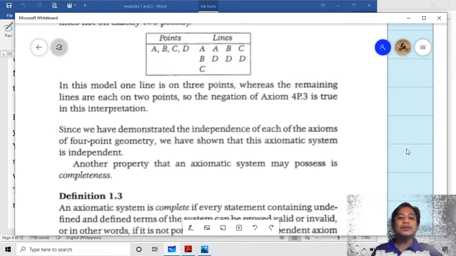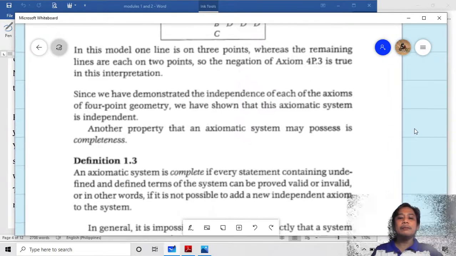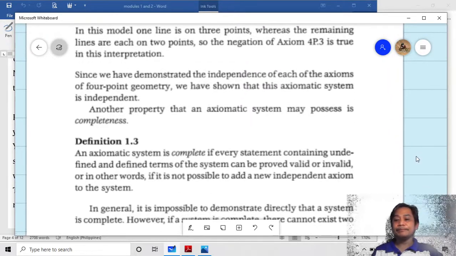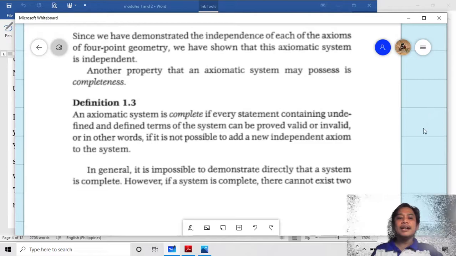Now, let us move on to the third property of an axiomatic system. It is the property of completeness. We define an axiomatic system as complete if every statement containing undefined and defined terms of the system can be proved valid or invalid.